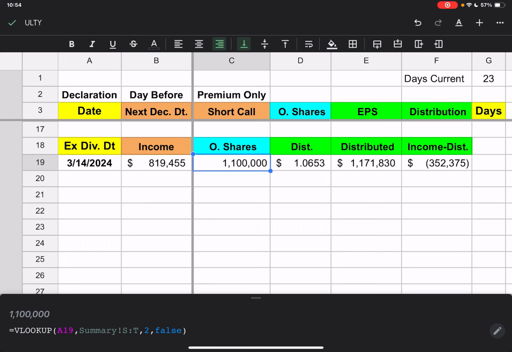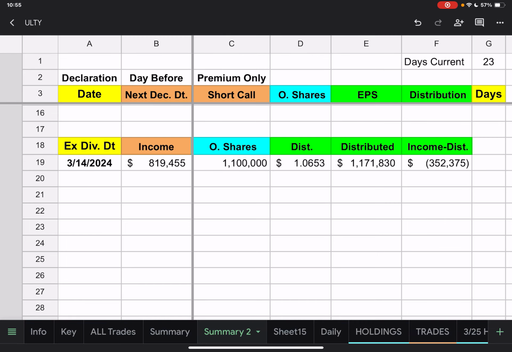Oh, that's why I did. So yes, that is right, because this is showing me the shares before the stock market opens on ex-dividend date, which means it's the number of shares the day before the ex-dividend date at night. So that would be correct. Okay.